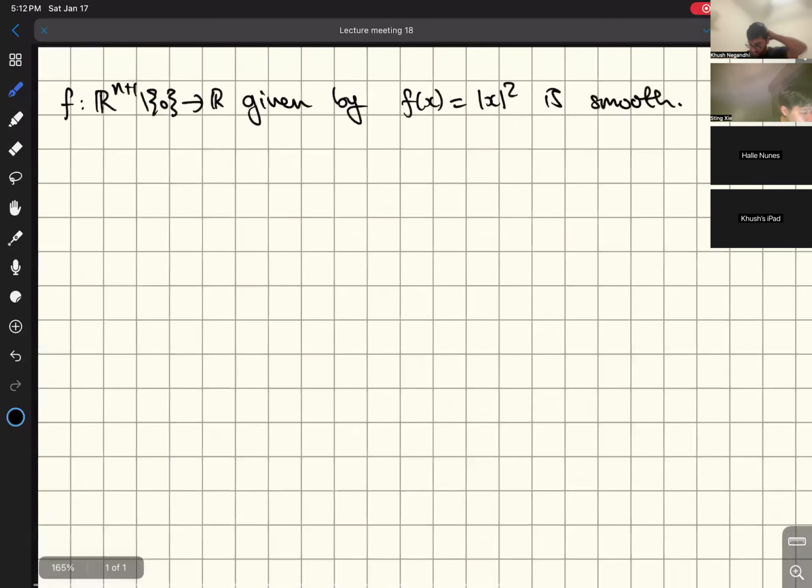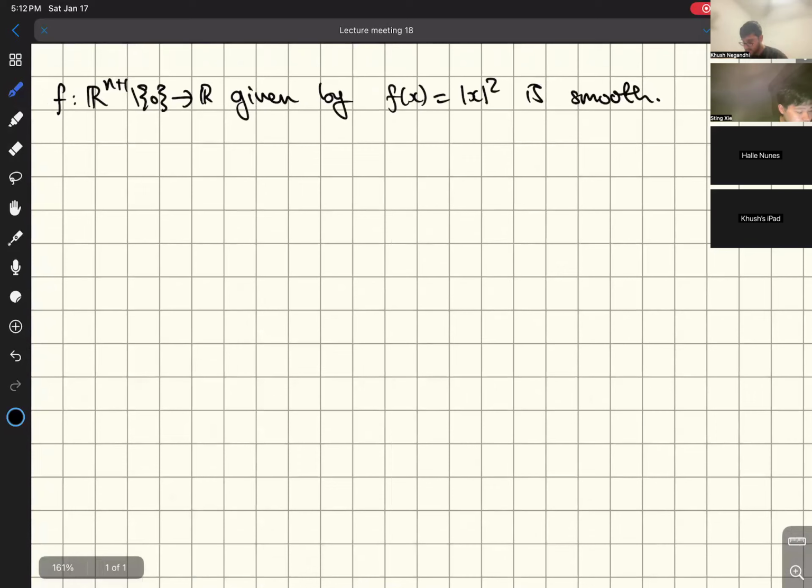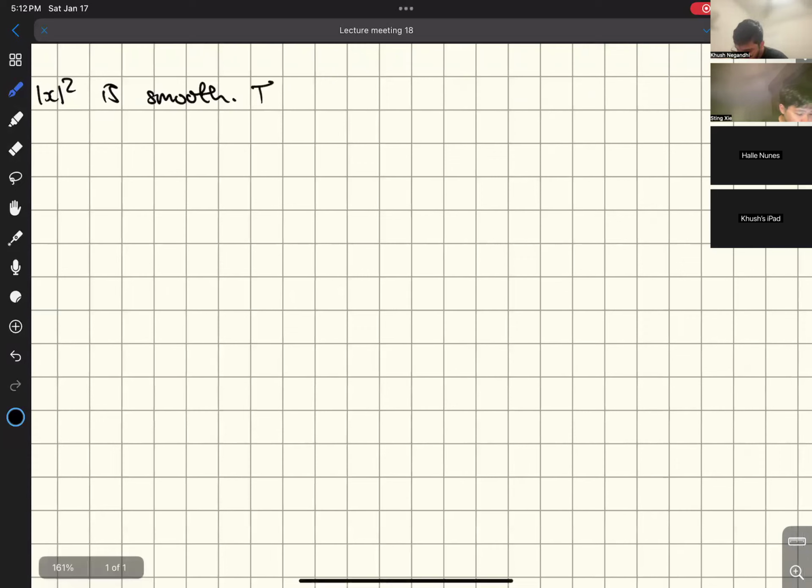I mean, this follows relatively quickly. If you take the derivative, you see that this will be smooth. And it is a submersion.